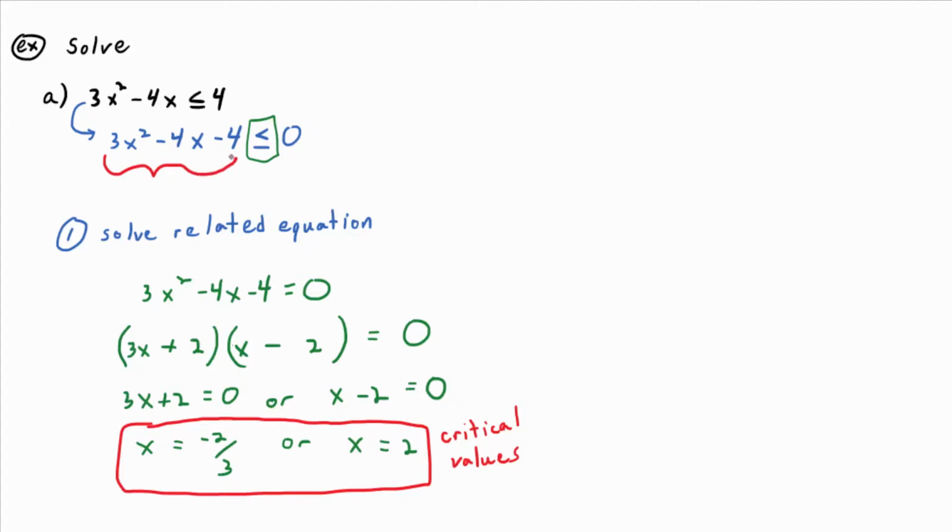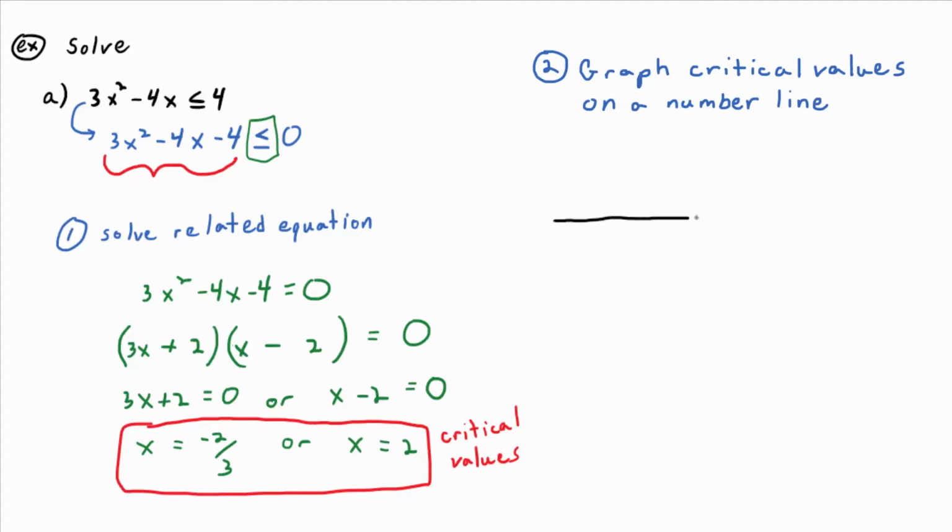And remember, we make a number line and we put those critical values on the number line. Okay? We can do that. Make a number line. Put in a couple of scale marks, negative 2/3 on the left side, and 2 on the right.